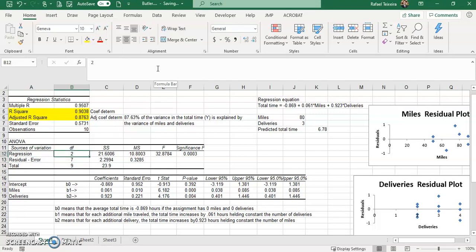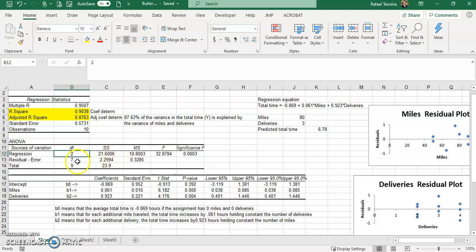And remember that we have degrees of freedom. So the degrees of freedom here is the number of independent variables. We have two independent variables, miles and deliveries. So that's the number of our degrees of freedom.